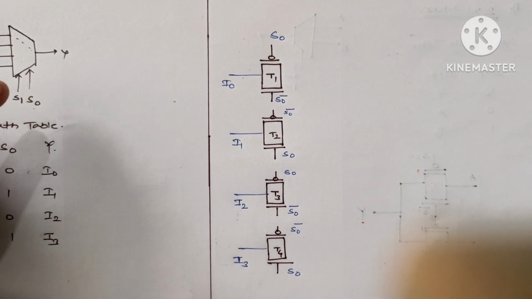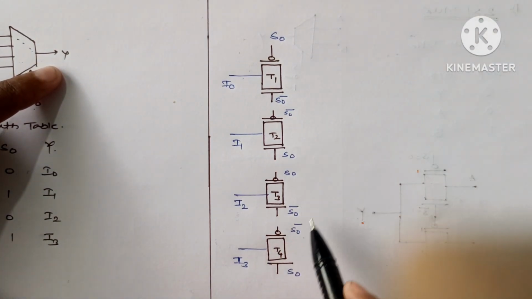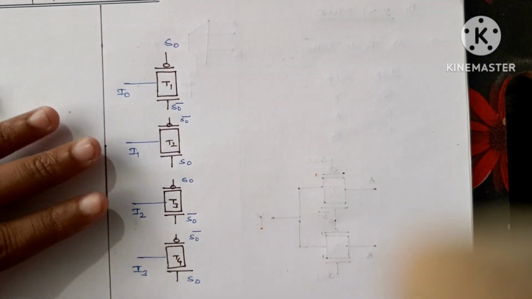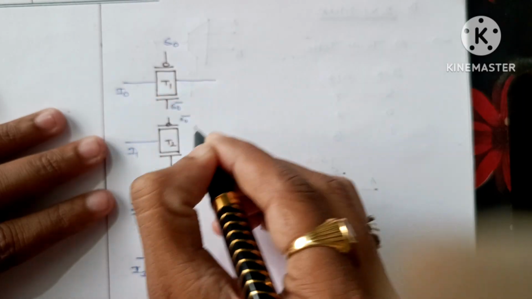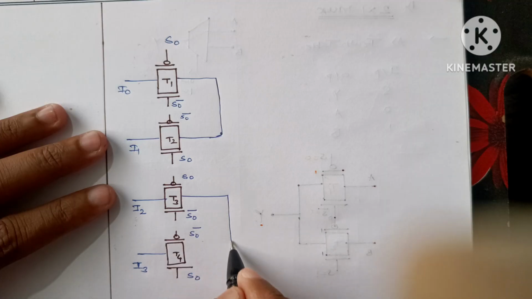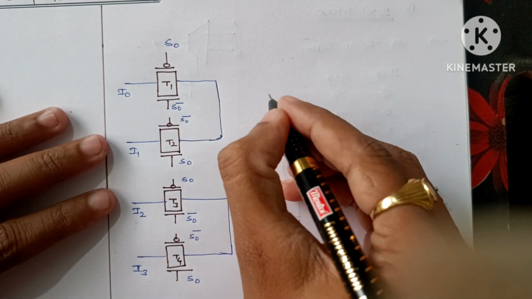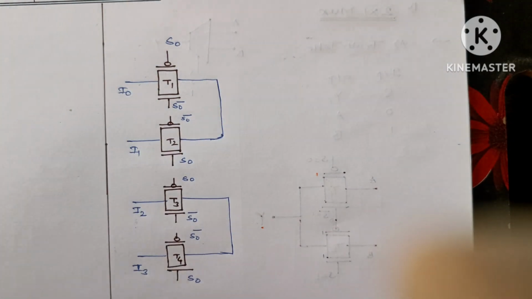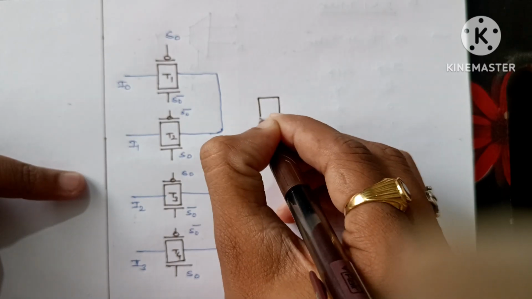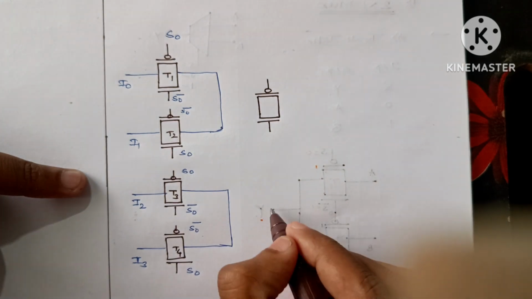Now when I come across the output, we have a single output Y, but here we are getting outputs as first, second, third, and fourth. To make it a single one, we'll cascade the terms from T1 and T2, so let them short. Similarly, these two are short, and we'll place another transmission gate for this particular terminal, and here also.